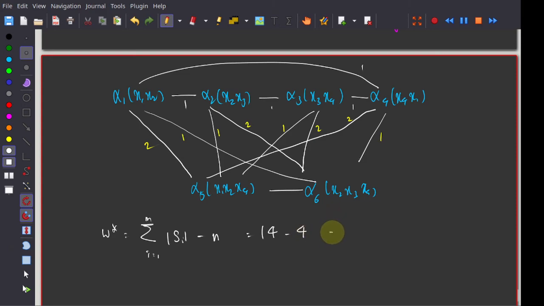There are 4 variables. Now, is there a spanning tree with weight equal to 10? Let's say I keep only those edges with weight 2. Okay, remove.